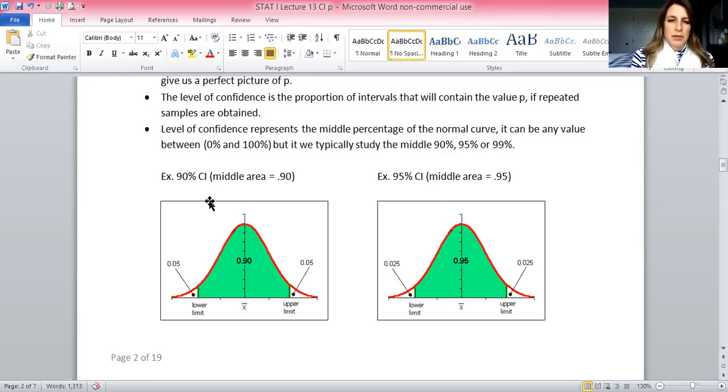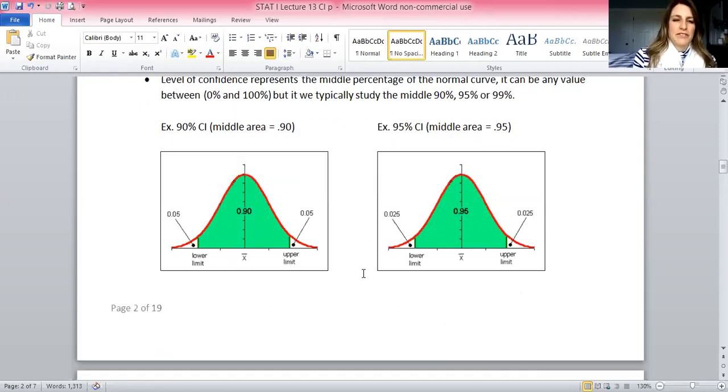In these pictures, you will see where we're looking at the middle 90%, or in this other example, the middle 95%. I want you to notice that it leaves a little area in the tails. In one of the group works before we left for spring break, you actually calculated these areas, and it's going to translate now into what we're doing.